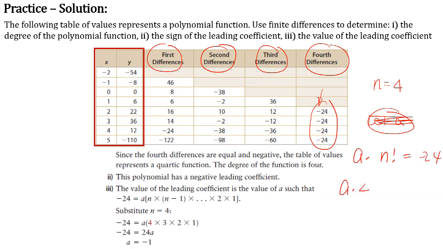So a times 4 factorial equals minus 24. We know that 4 factorial is actually 4 times 3 times 2 times 1, which is 24. And then we can solve that the leading coefficient is minus 1, right? Understand?